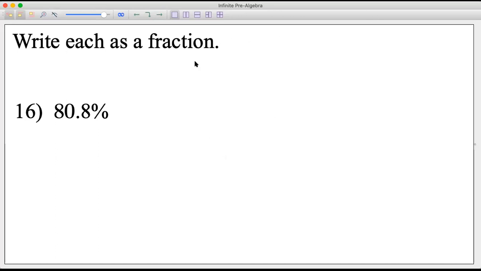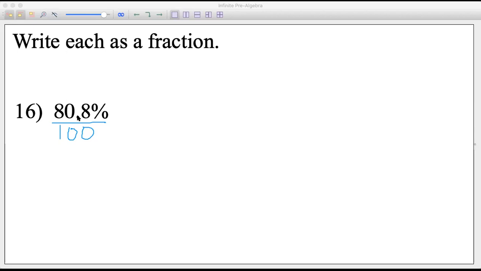You might want to put this one on your resource card. Still the same procedure: we put the number over 100. The problem with this one is it's a decimal. You can't have a decimal in a fraction. So when you get a decimal inside of a fraction, you change it to whole numbers.